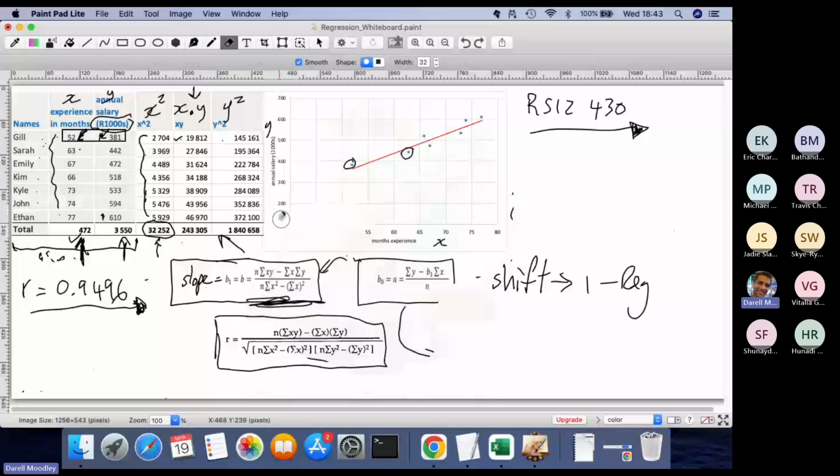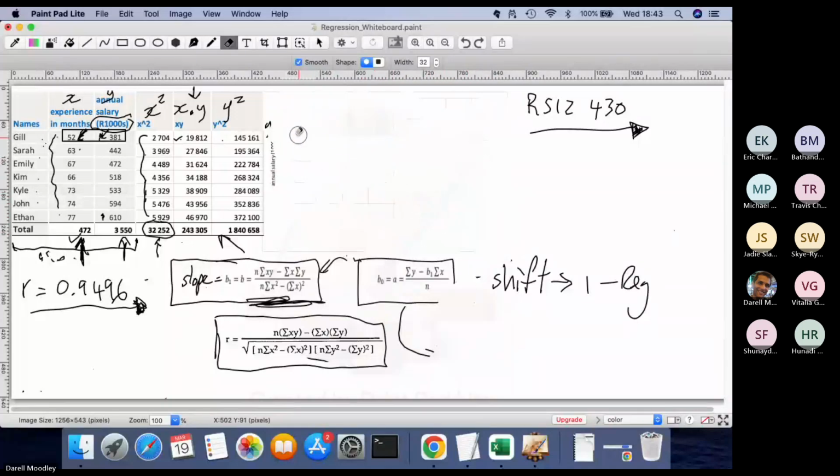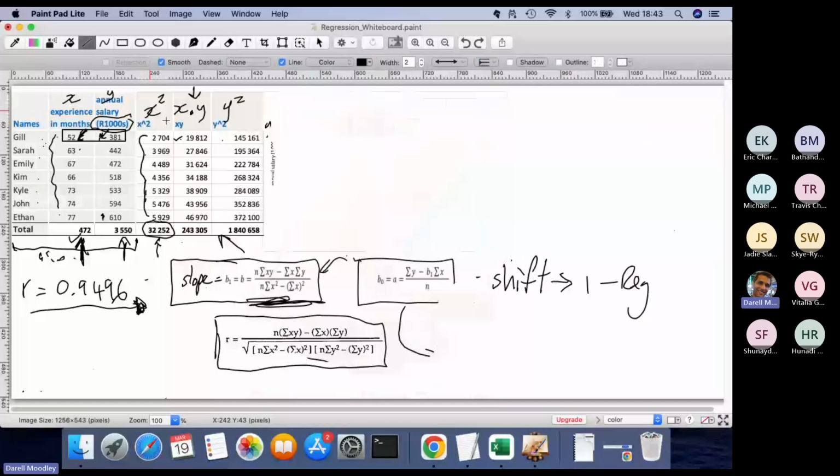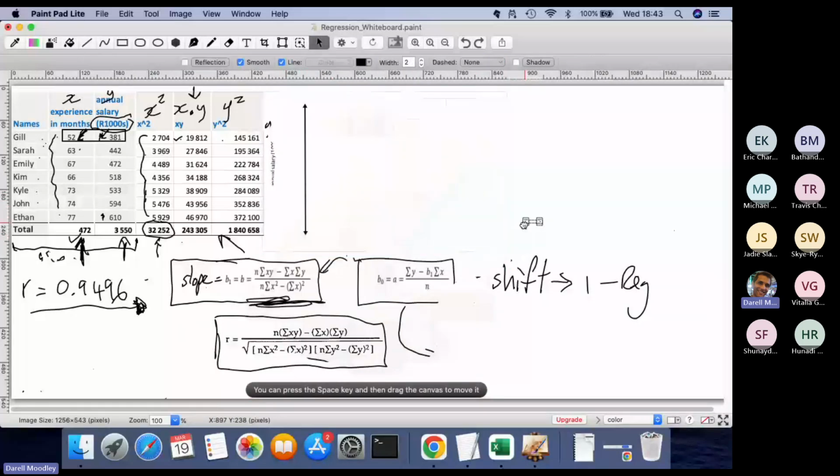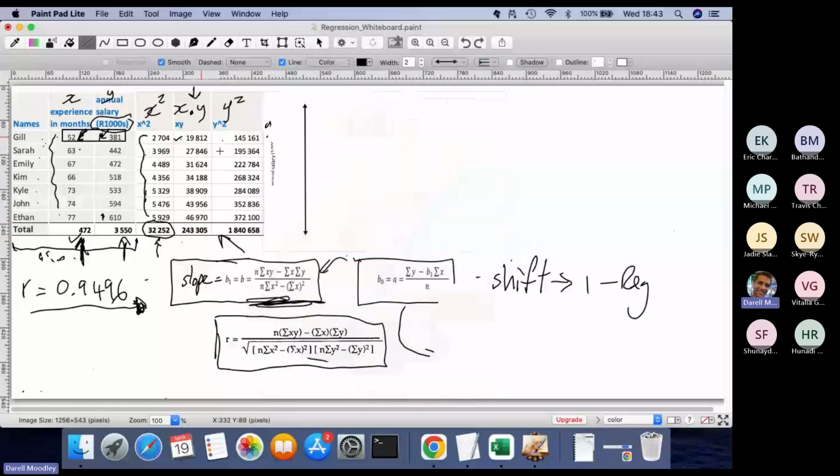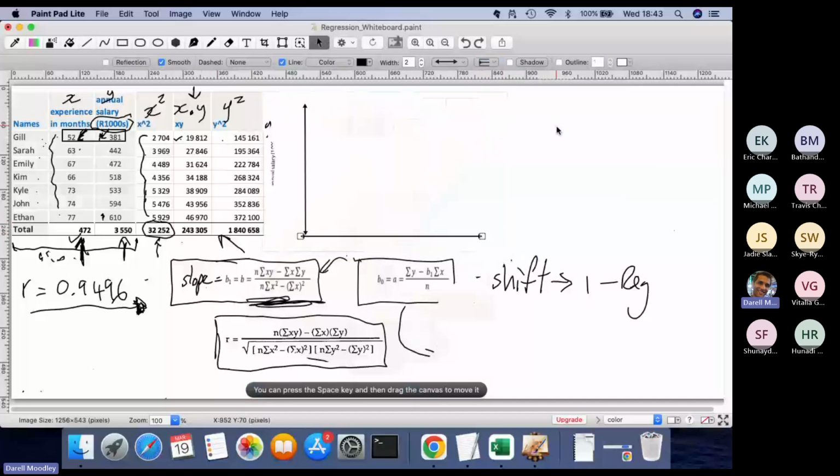Let's say I'm going to create two sets of data to give you an idea.